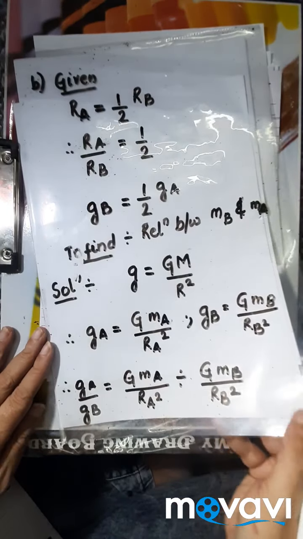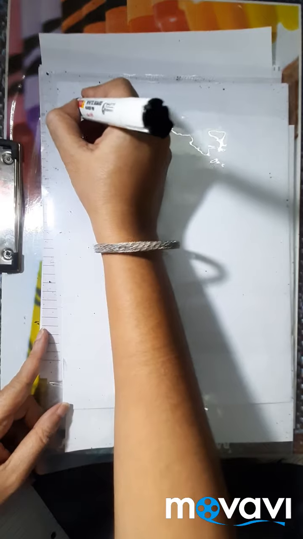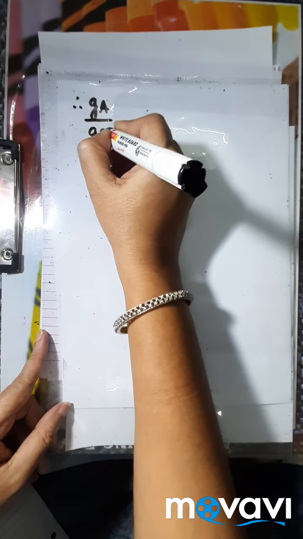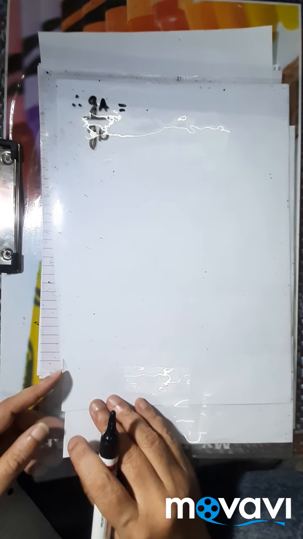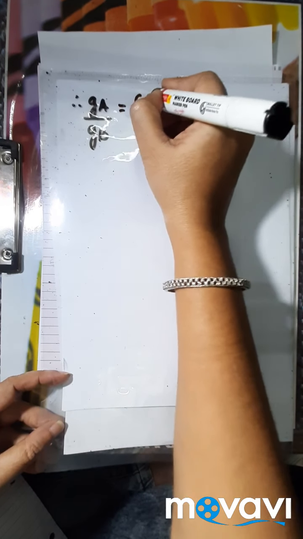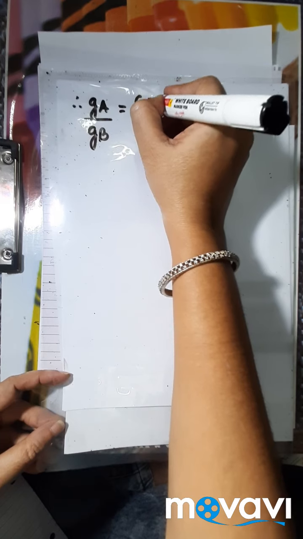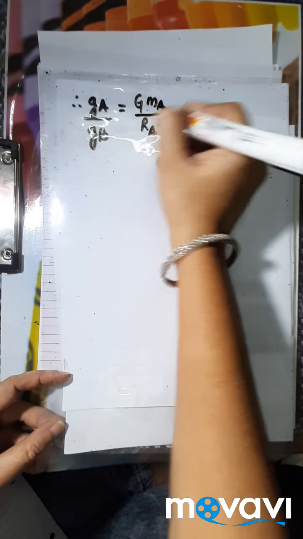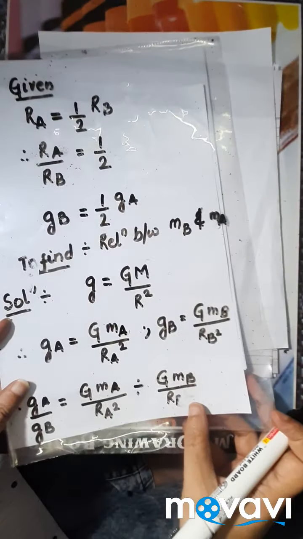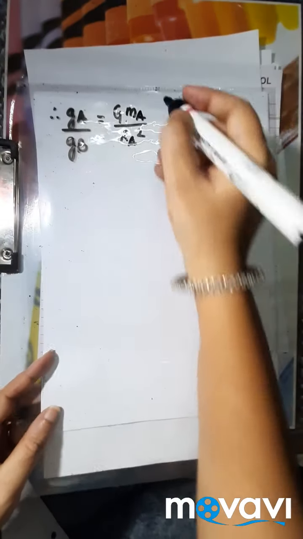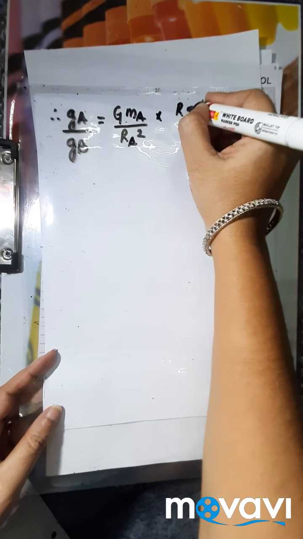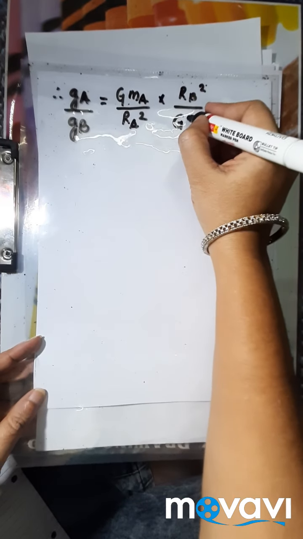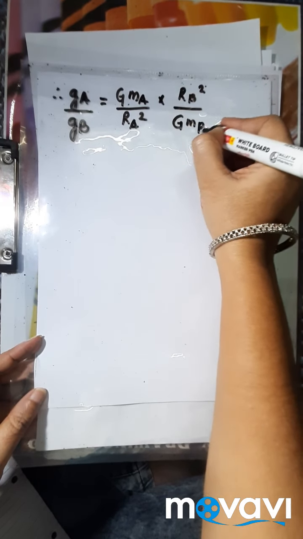So therefore GA upon GB is equal to G MA upon RA square multiplied by RB square upon G MB.